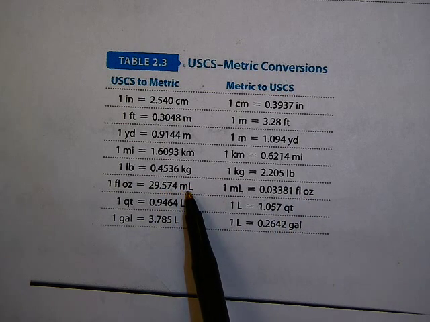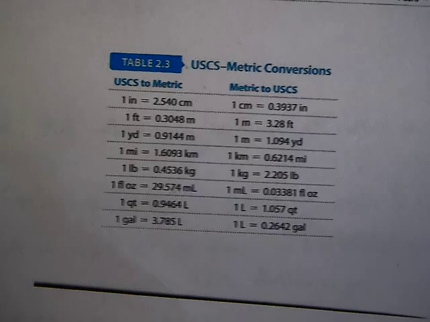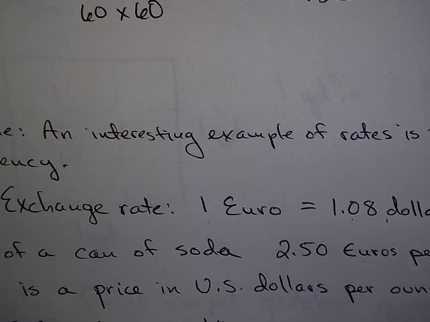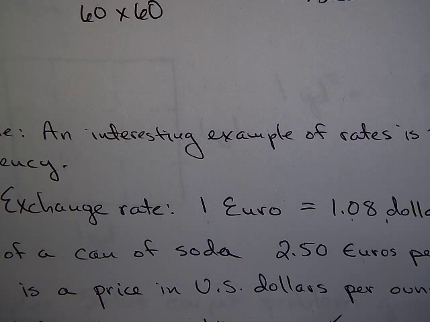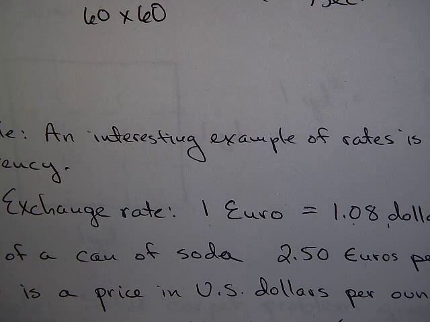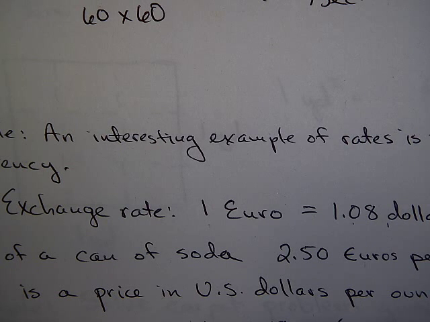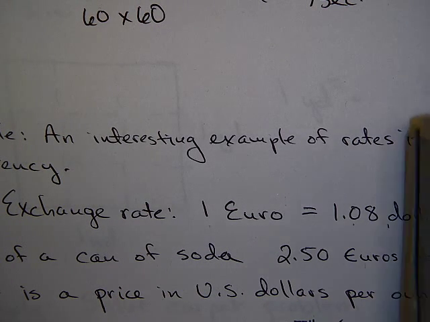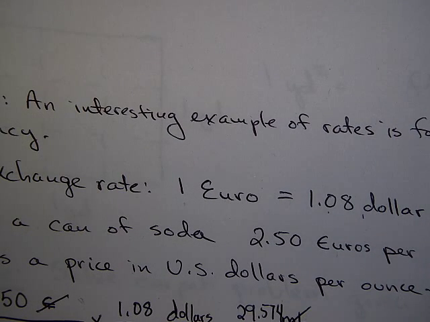I think I'm going to use this one right here. So I would like milliliters on top, so those would divide out, and I'd like ounces on the bottom. I'm just going to write OZ for fluid ounces. And 1 fluid ounce is 29.574 milliliters.